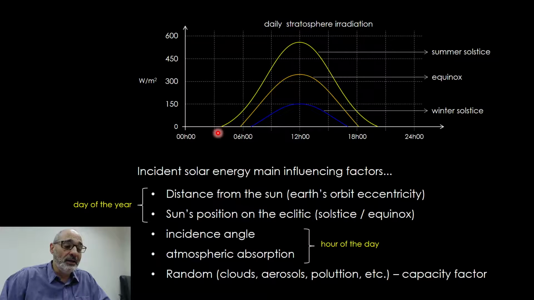So during summer, you see the sun rises before 6 o'clock. This is noon, and it sets after 6 p.m. And during winter, the sun is rising after 6 and is setting before 6 p.m. And we're going to be able to calculate all this.